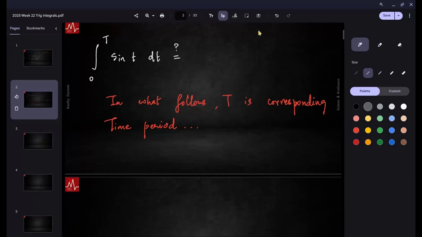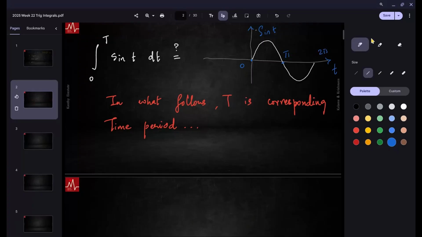Let's see what this function is. We are doing it over one full time period. So the function sine t is this. Let's put some landmark numbers. You have a 0 here. This is going to be your t axis. This is pi. This is 2 pi.